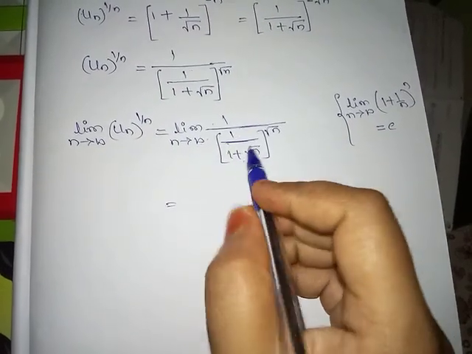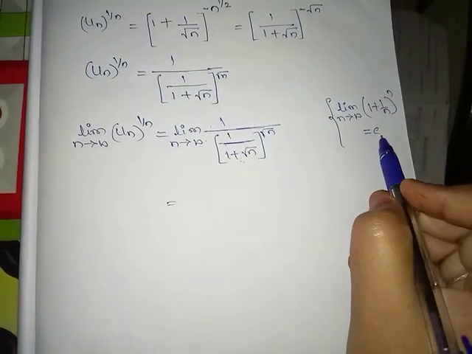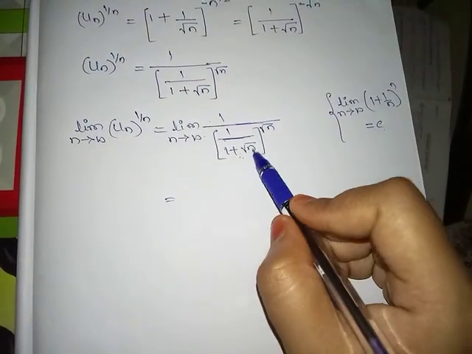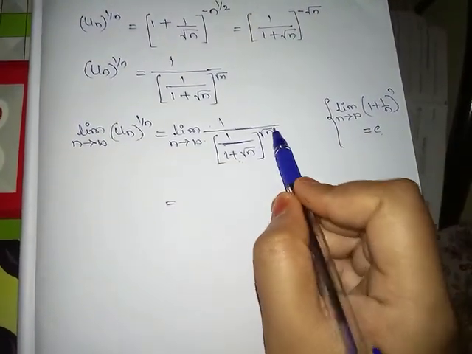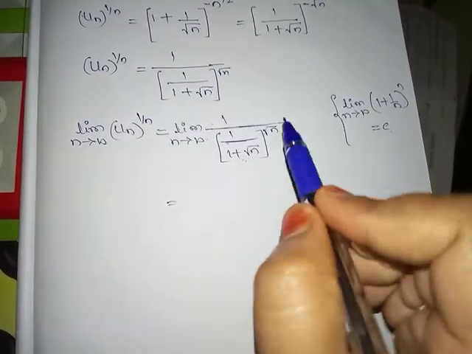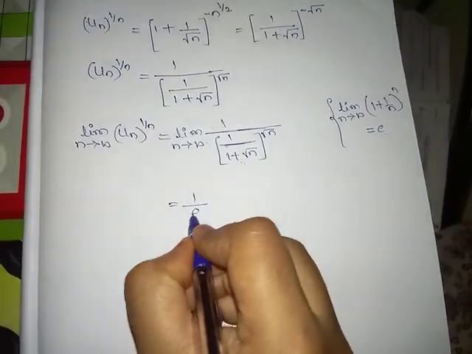When we apply the limit to this term, we will get e, because in place of n we just have root n. In both places we have the same term, so we can apply this result here. It will be 1 divided by e.